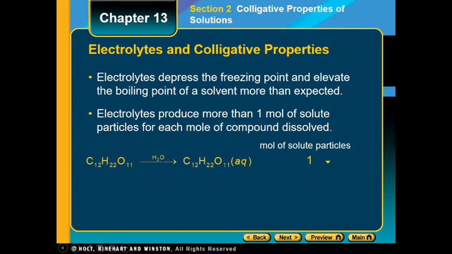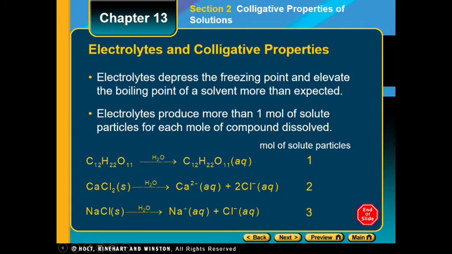So we're going to look at a few examples, and one of them is backwards, so I will make that correction right now. But as I'm looking at these, sugar dissolved in water is still sugar, so that is considered to be a non-electrolyte. So there's only one molecule. In this next one, calcium chloride, which is an ionic compound, breaks into the calcium ion and 2 chloride ions, so 1 plus 2 is 3.